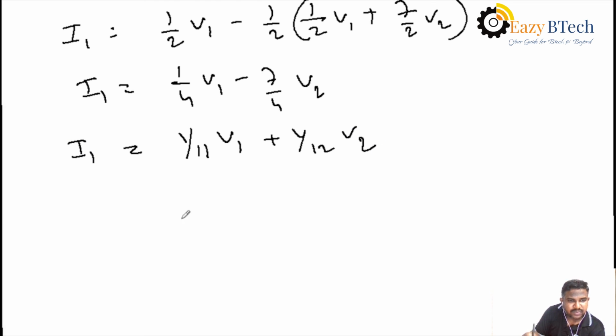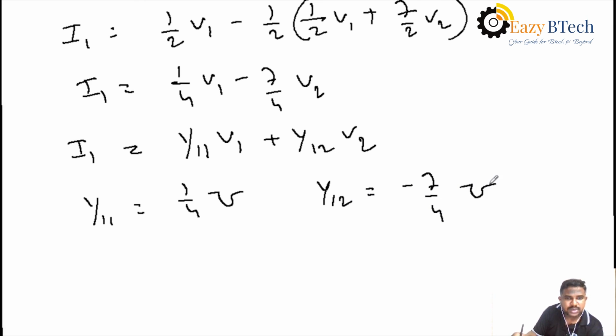From that, Y11 equals 1 by 4 mho and Y12 equals minus 7 by 4 mho. After calculating the I1 equation, you must compare it with the standard equation in order to find the required parameters.